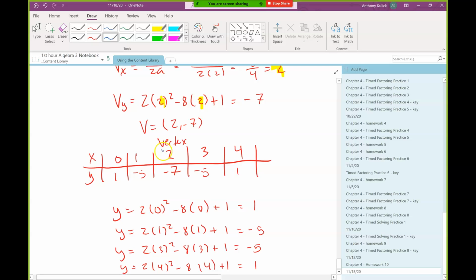So the trick is that this distance from the vertex to those x's is the same, and this distance from the vertex to those x's is the same. If that's true, then their y-coordinates are going to match up and be symmetric.